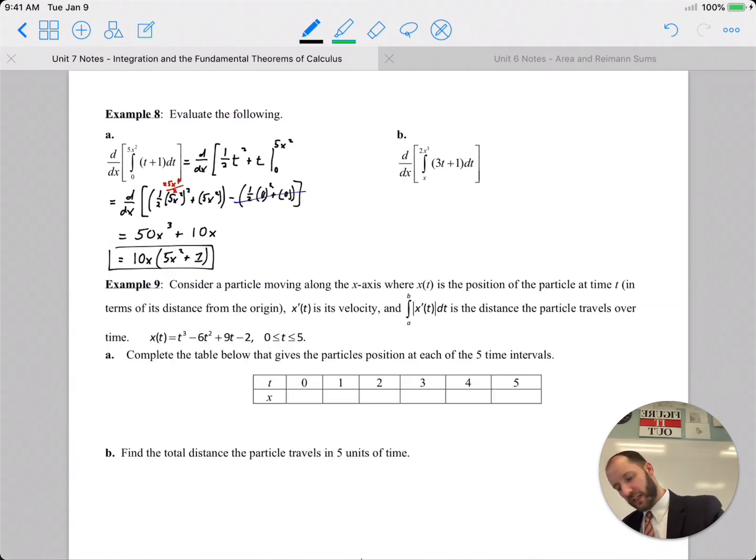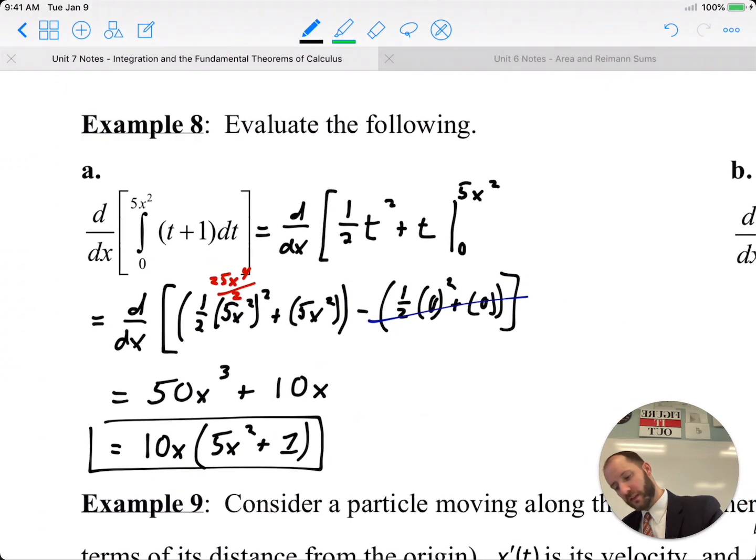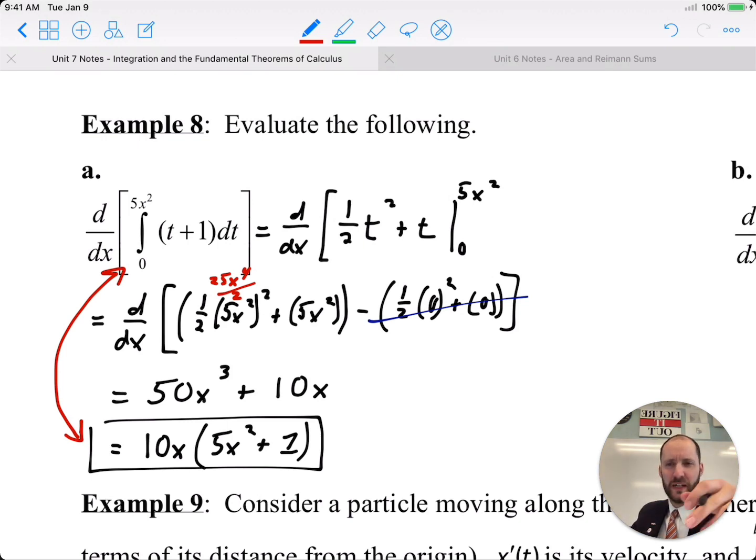So take a look at what I started with: our integrand, the t plus 1, and the upper and lower bounds, and what they end with. Try and see if you can make any connection. The t plus 1, now 5x squared plus 1. The upper bound, 5x squared, now we have 10x.